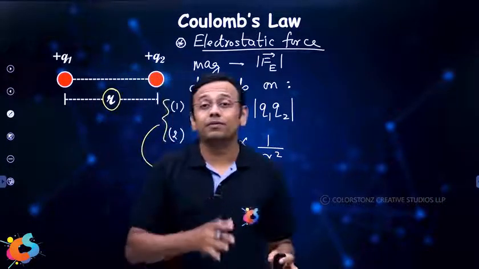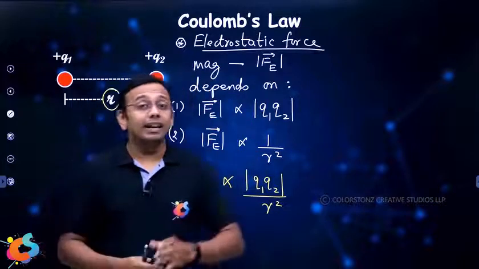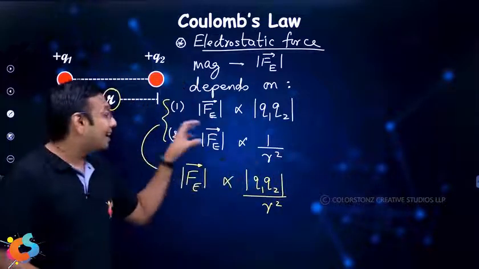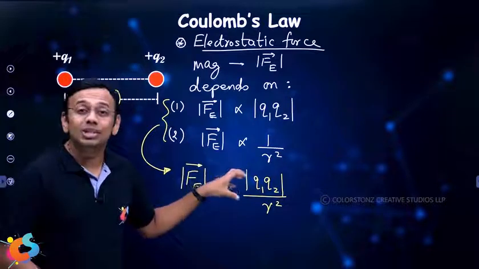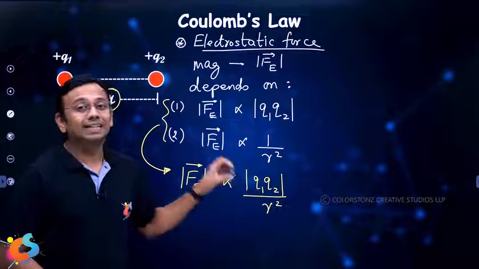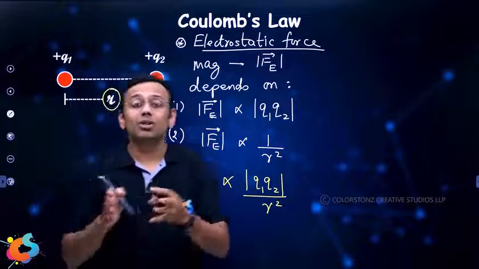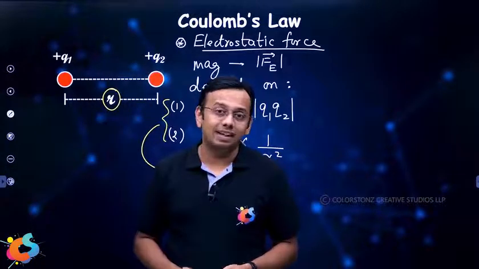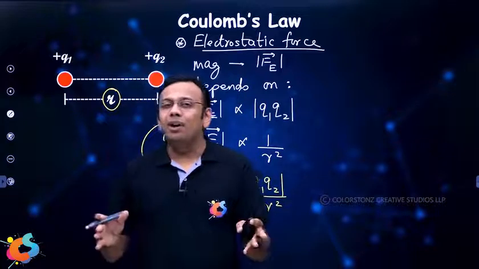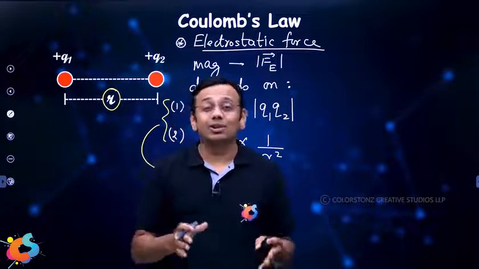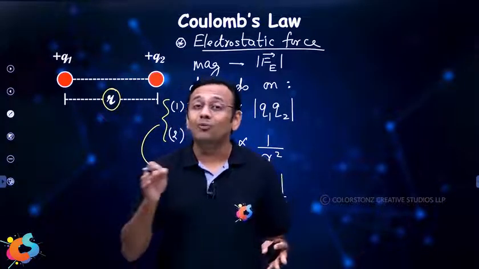Now, this is different from gravitational force. In gravitational force, we directly put the constant G here. But in this case, the constant is not fixed. The constant depends on the medium in which the charges are kept. Here, for now, we will restrict our discussion to the charges being kept in vacuum.